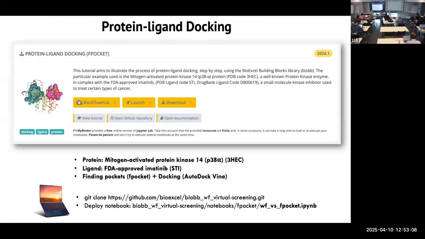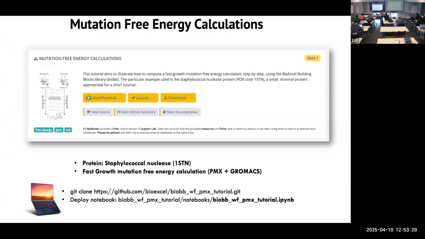At the end of the workflow, you can see the difference between the poses that it is generating. You have like 10 different poses and you need to choose which one you want to see. And then it is compared against the experimental structure and you can see how much it is approaching or is similar to the experimental structure. This is a nice one.